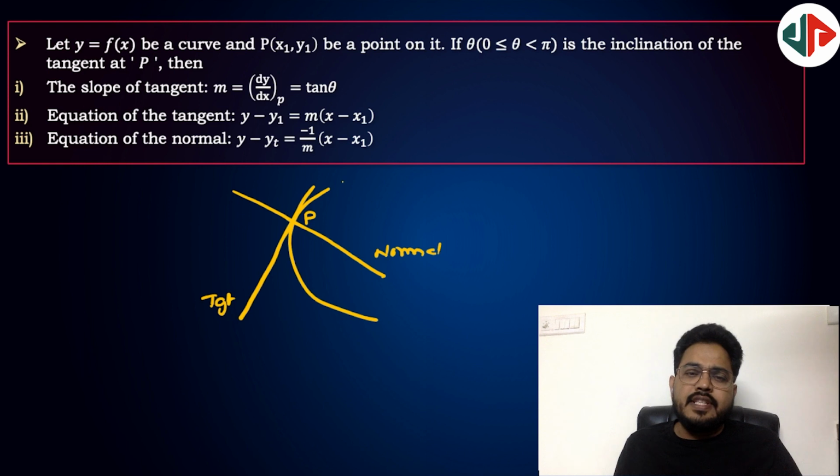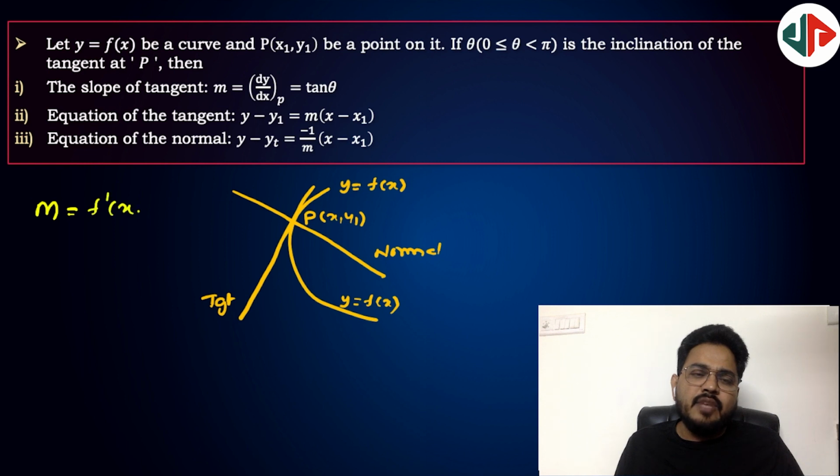So if this is the curve y is equal to f of x, this point P is (x1, y1). So straight away I can write the slope of the tangent is f dash of x1.